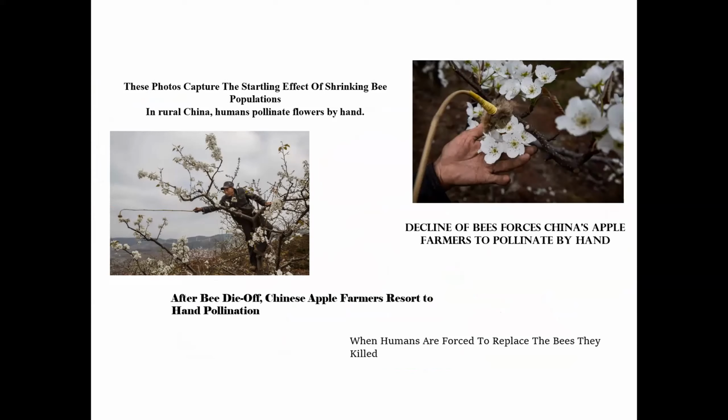As a result, they have to hand pollinate their apple trees. In the picture on the left, we have a gentleman with a wand with a little brush on the end, and people have to climb up in trees and actually pollinate by hand. We don't want to see this happen. Can you imagine what the price of apples would be if apple trees needed to be hand pollinated? So this is something we don't want to see.